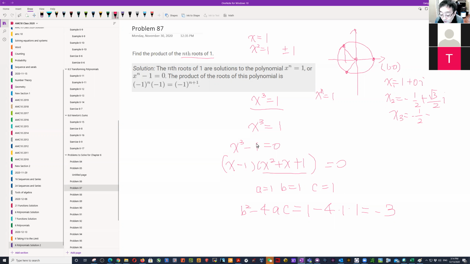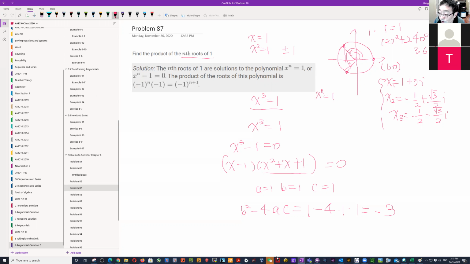The angular rotation of the first root is 120 degrees, and the second is 240 degrees. If you add them up, it's 360 degrees. The magnitude, the absolute value, is 1 times 1 equals 1. So the product of those two complex roots has magnitude 1 and rotates 360 degrees, so it rotates back to 1.